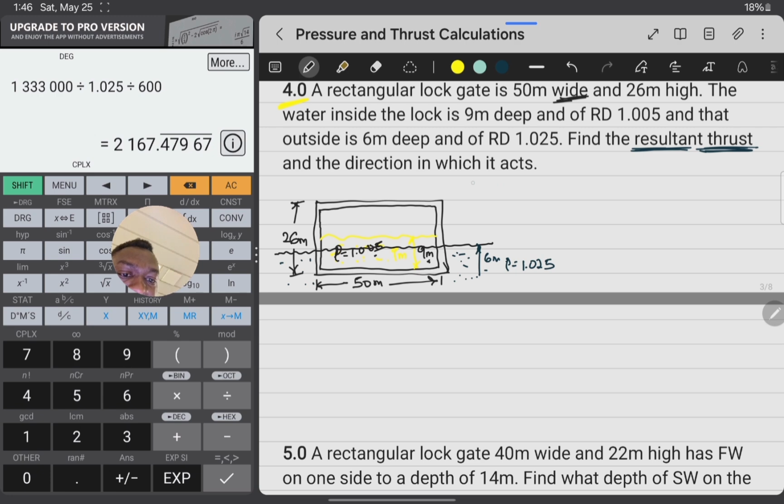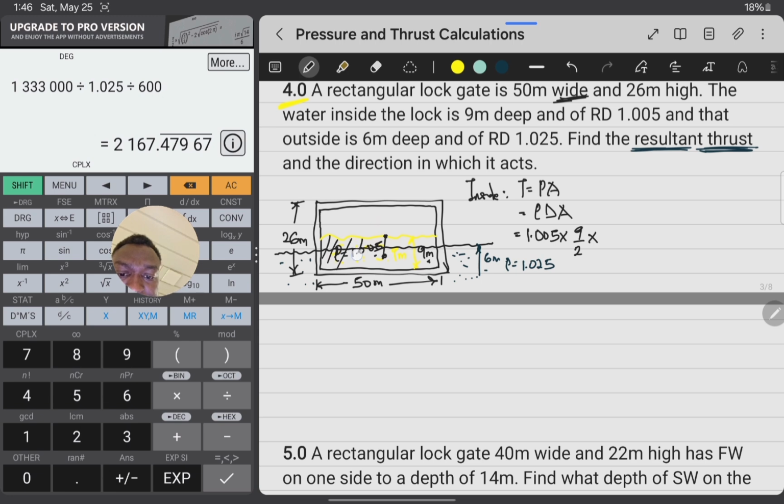Now for the inside, we say thrust is PA, that's rho g D A, and rho for the inside is 1.005 times the depth. You have to understand that we are considering a vertical plane surface here, so the depth goes to the centroid, which is half of the vertical. So 9 divided by 2 times the area of the space occupied by the water.